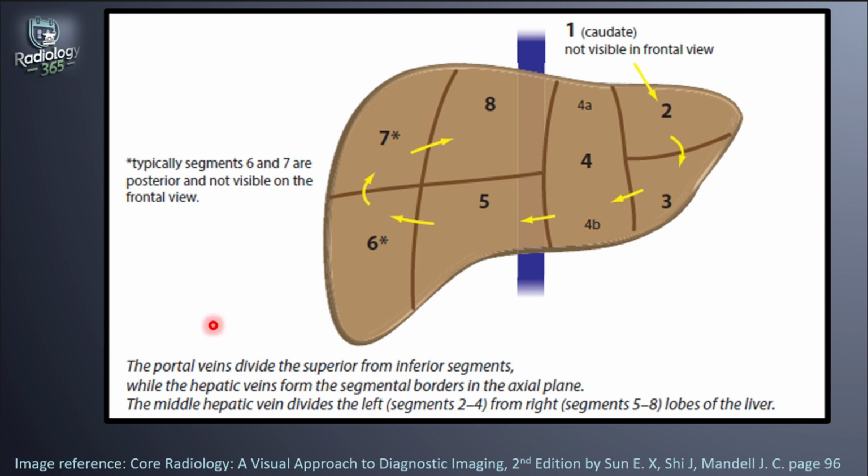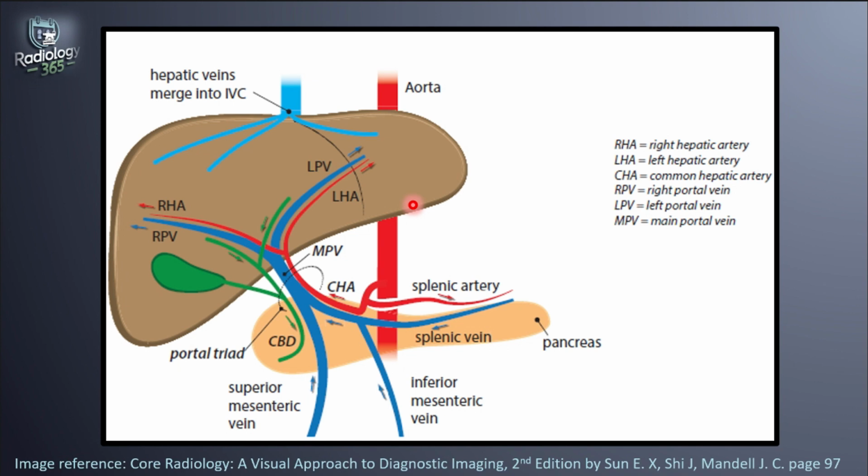Now, it's important to remember that segments 6 and 7 are posterior and they are not really visible on the frontal view, but this is just a schematic to let us see how the counting goes. Each segment is supplied by a central portal triad, as we stated earlier, and then it drains via peripheral hepatic veins into the inferior vena cava. So you can see that these are the hepatic veins.